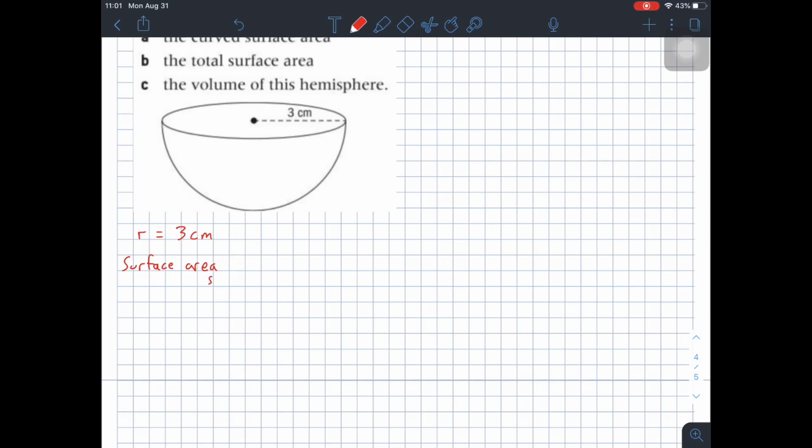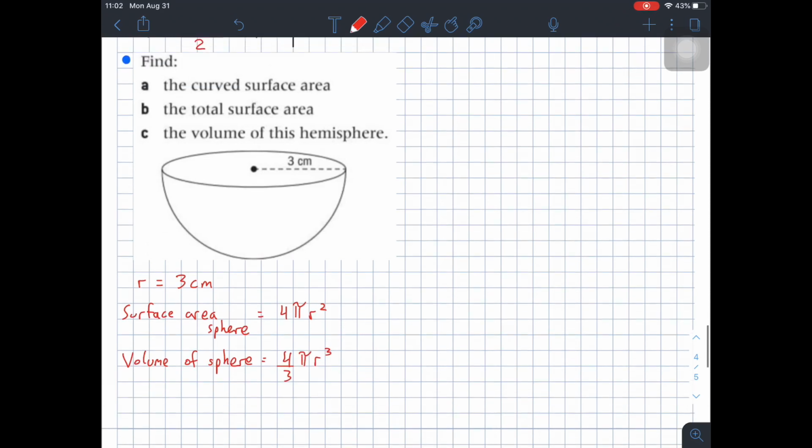So the surface area of a complete sphere is 4 pi r squared. And the volume of the complete sphere is 4/3 pi r cubed.